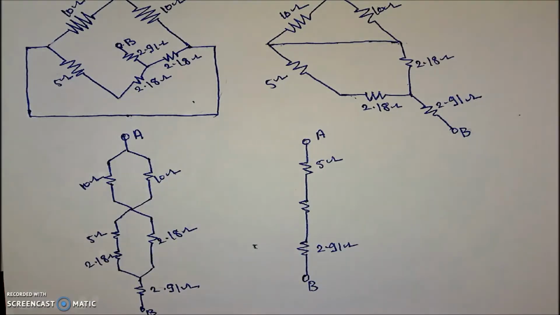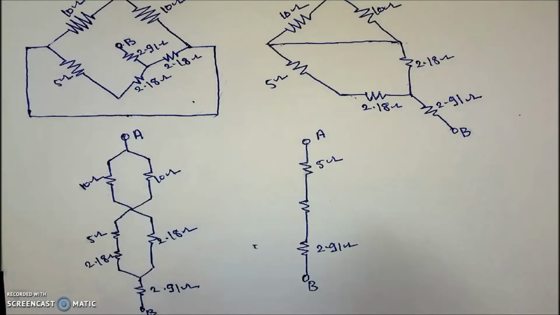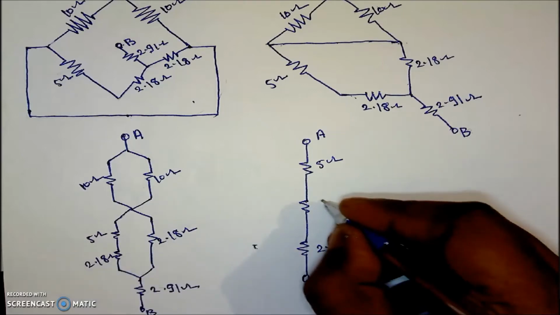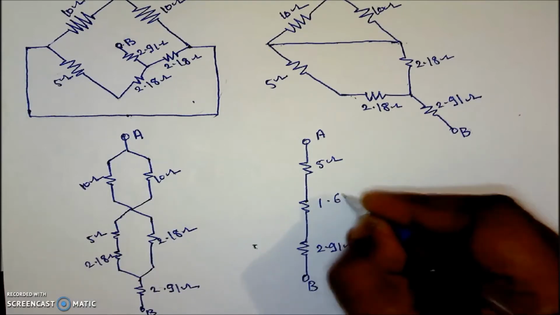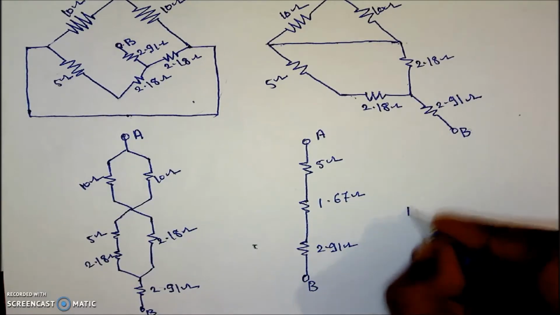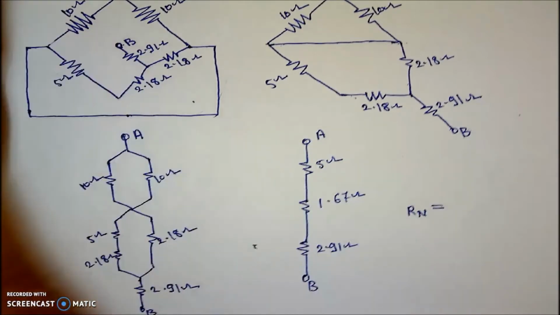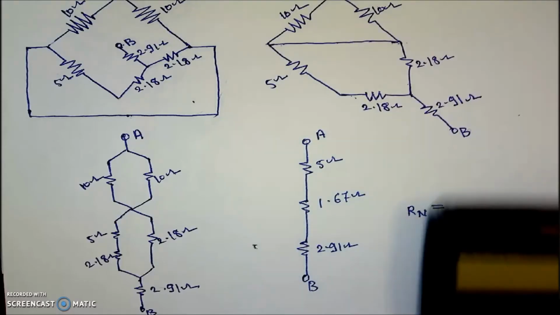Its value is 5 ohm. And if we are doing the calculation of the addition of these two, that is 7.18 in parallel with 2.18, its calculation, if I am doing it, is found to be 1.67 ohm. And then we are in a position to find out the Norton's equivalent resistance from here.